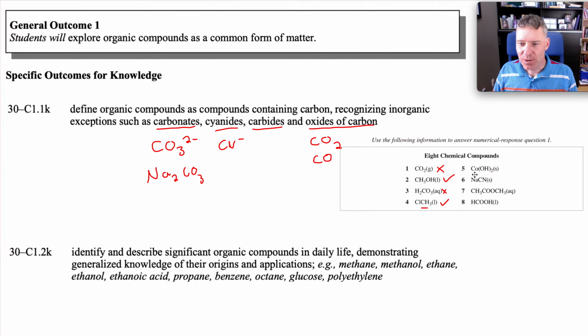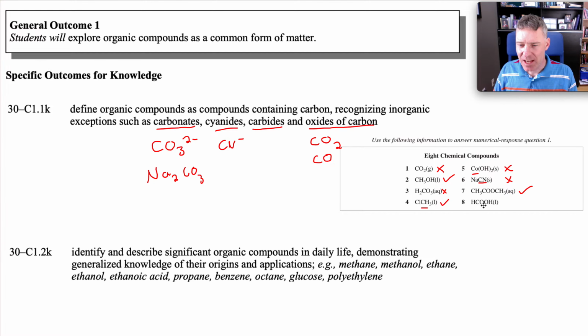This has shown up a few times. It might look like it's maybe an alcohol, but there's no carbon here. That's Co, that's cobalt, so no carbon, not organic. There's cyanide buried in with sodium, so not organic. We don't have any of those previously mentioned pieces here. This looks like it's going to be an ester, so that's organic.